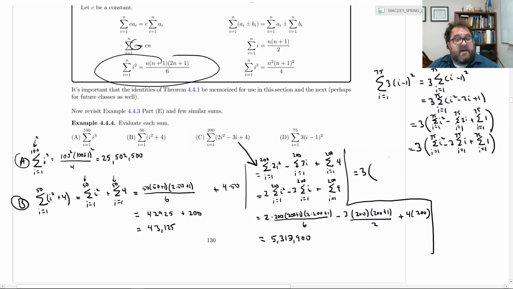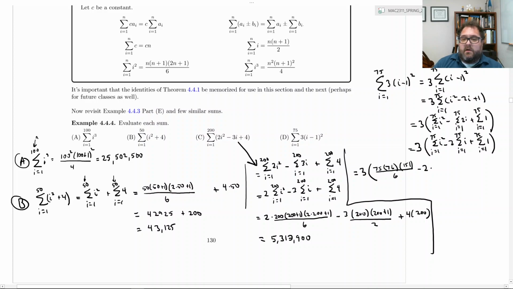Now 75 is the value of n, so we have 75 times what? 75 plus 1, 76, times 2 times 75, which is what, 150 plus 1, so 151 over 6. Minus 2 times the sum of the i's. Now where's the sum of the i's? It's right here. So 75 times n plus 1, 76 over 2.